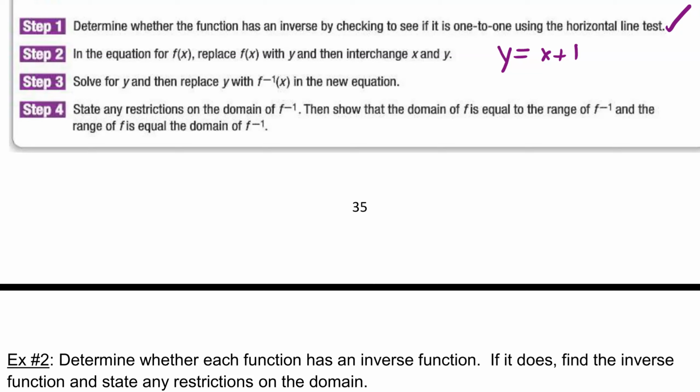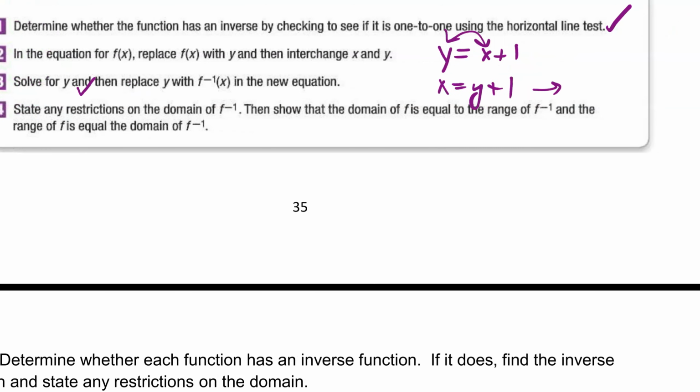If I wanted to find the inverse function, I replace all the x's and y's, like I flip them. Then solve for y and replace y with f to negative 1 of x in the new equation. So to solve for y, I would say, okay, x minus 1 equals y, and then you replace it. So x minus 1 equals f to negative 1 of x. So that tells me what the inverse would be.